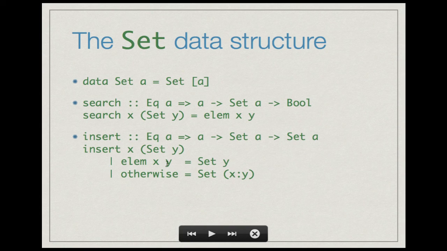This is because we want to maintain a set of distinct elements. If x is already present, we do not have to do anything. Otherwise, you insert x in y. This you do by the simple device of attaching x to the front of the list y. So in the otherwise case, you define it to be Set (x:y).